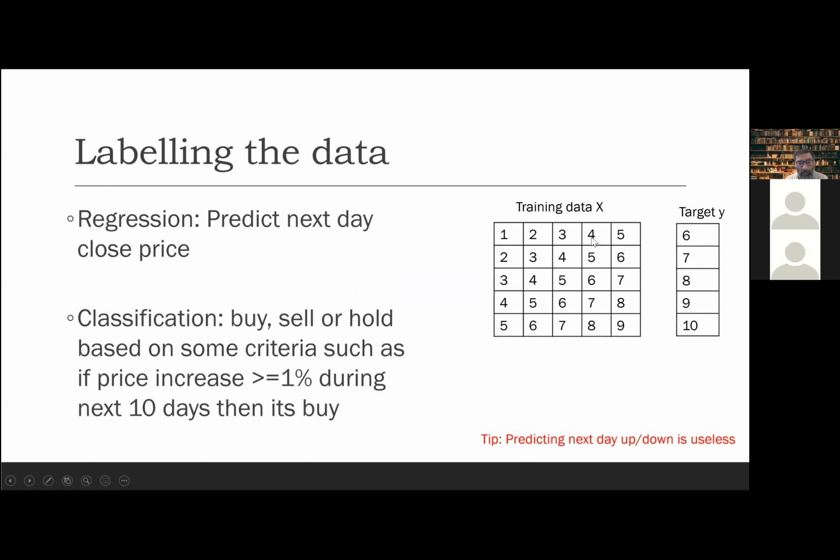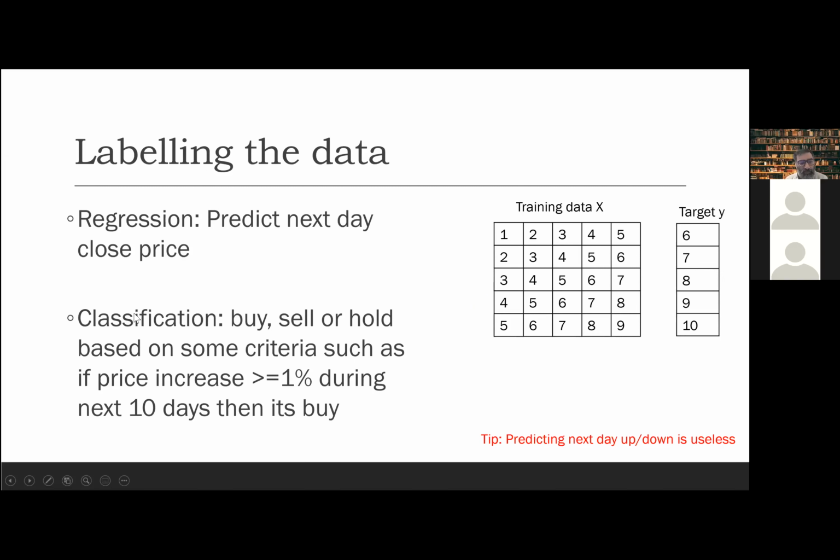Rather than labeling with the 6th price, you can also label with the 10th price. You read the first 5 values and label it with the 10th value, which is more useful. But most of the research papers you'll see predict the close price of the next day, the next bar.